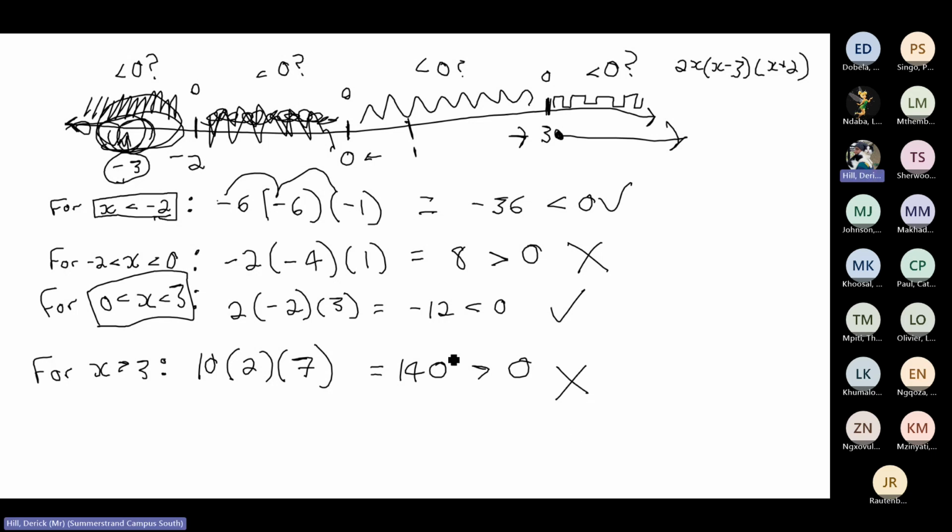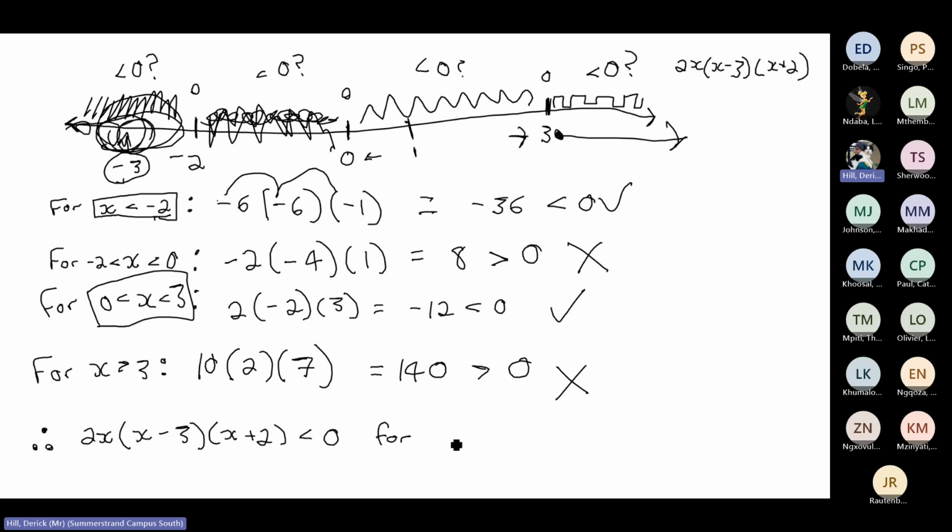So that means that our final answer is going to be 2x times x minus 3 times x plus 2 is less than 0 or negative.